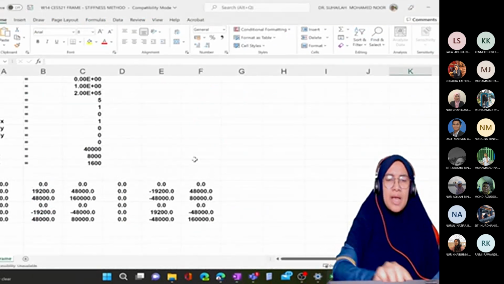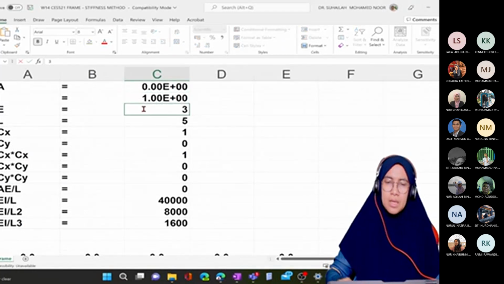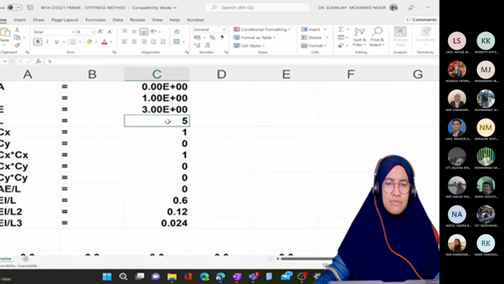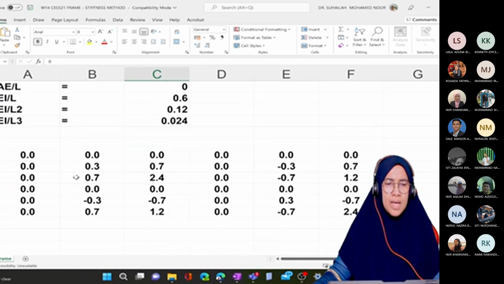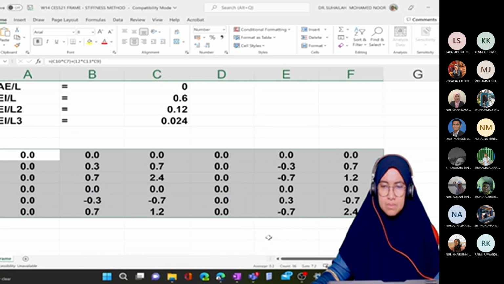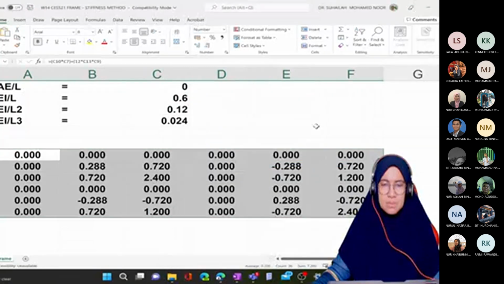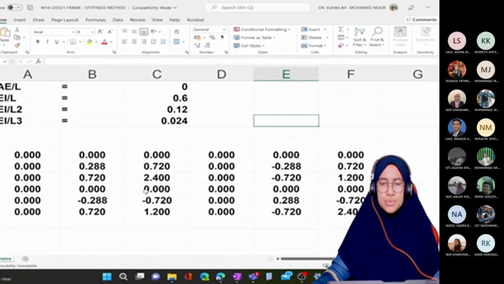Okay, so here I have set the formula. So A is equal to 0, EI is constant, I3, length is 5. Cx is 1, Cy is equal to 0. So what we get is this. So this is the value.